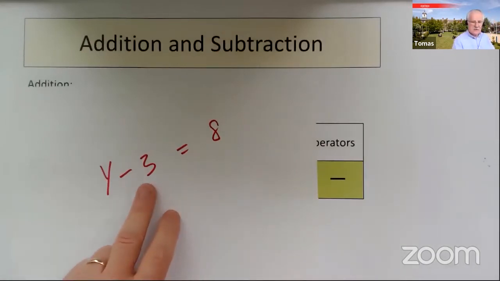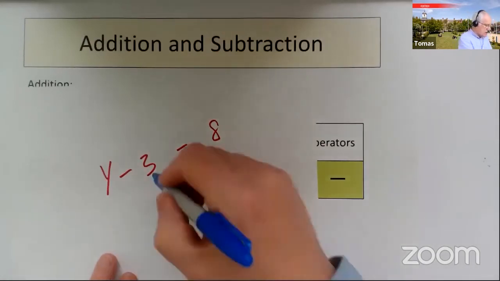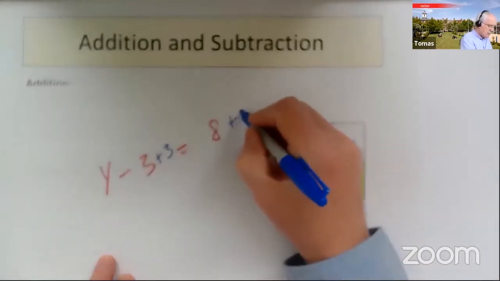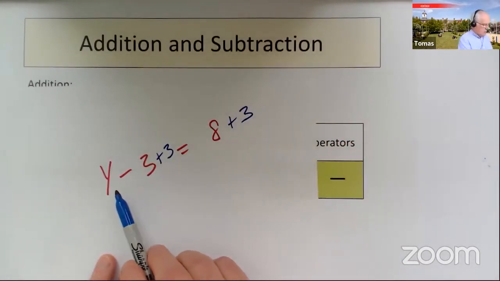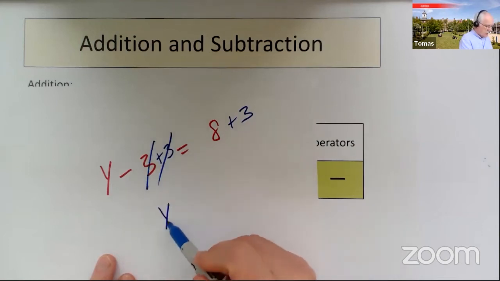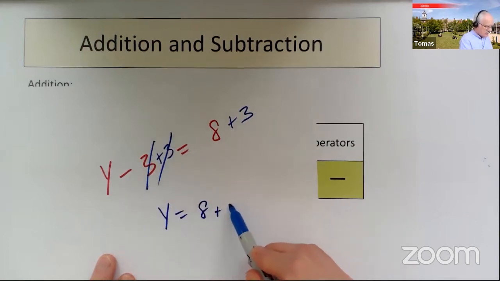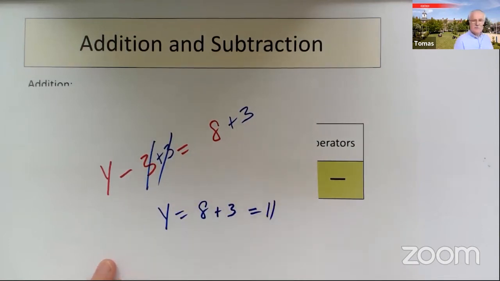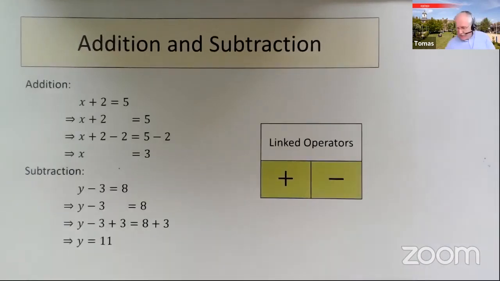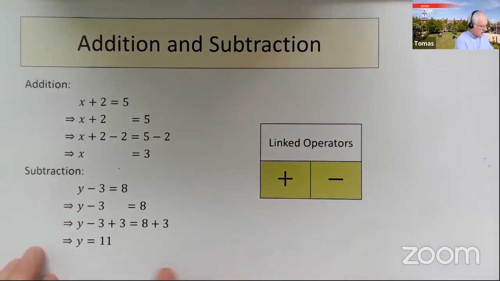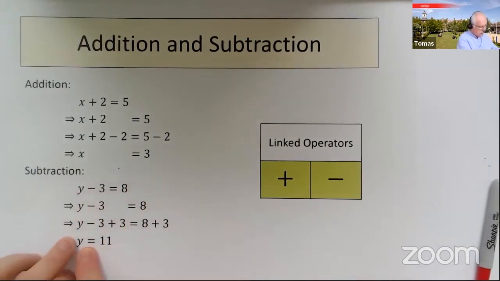I'd prefer if that wasn't there. So the opposite of minus would be plus. So y equals 8 plus 3, or 11. So effectively what we're doing is finding out how to get rid of something we don't like. We just want y equals 11.